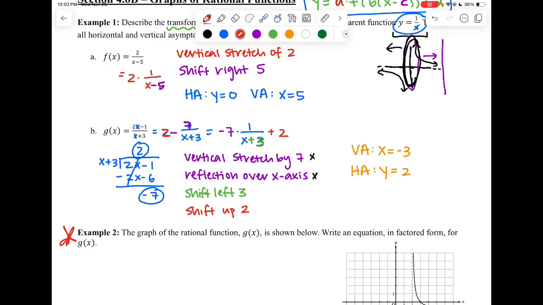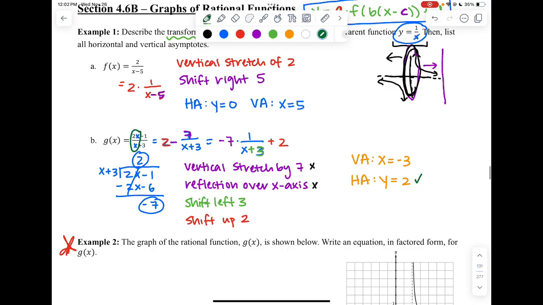Specifically looking at the horizontal asymptote, I know what it's going to be because of looking at my leading terms. The degree of my numerator and the degree of my denominator matched, and so I knew that my horizontal asymptote had to be the ratio of the coefficients. So I knew that my horizontal asymptote was going to be equal to 2.